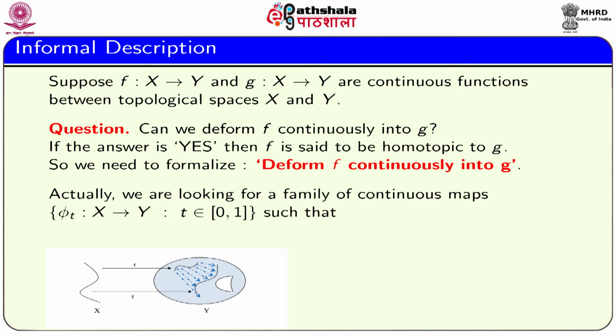So, the question is, can we take this f, this image portion and deform it continuously to get into this g? In this case, from the figure, we feel that yes, we can.